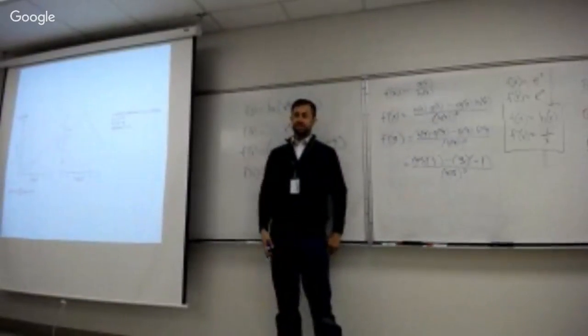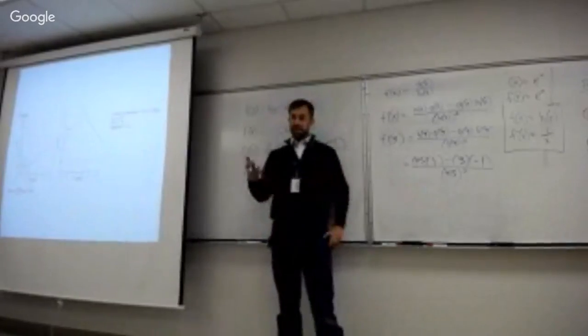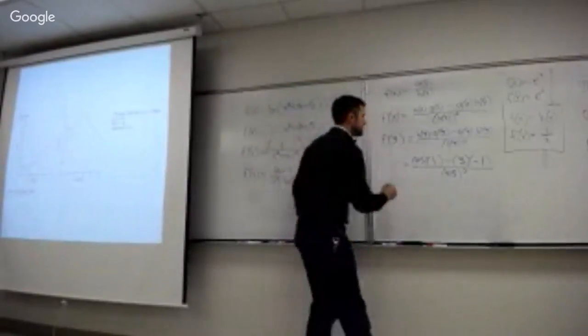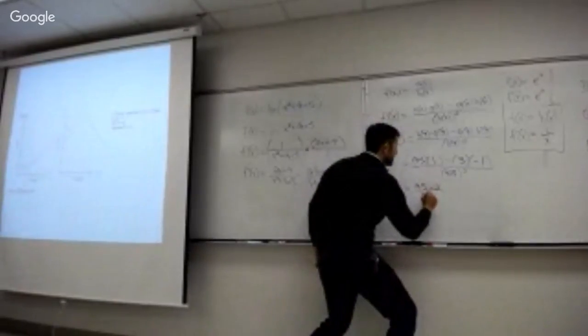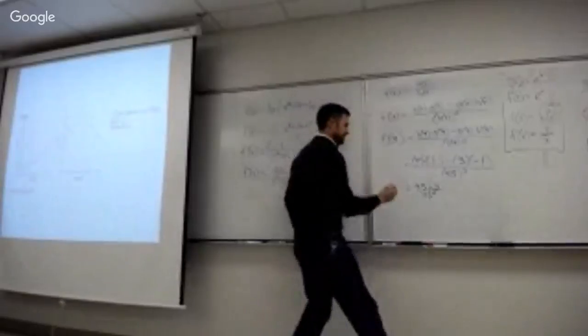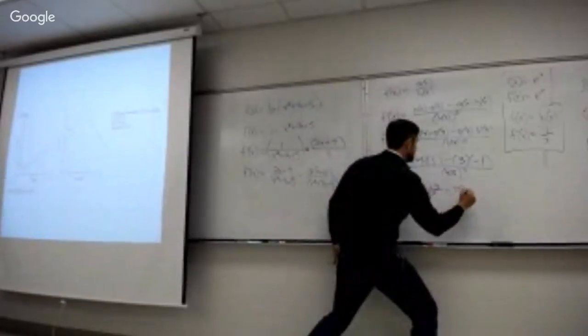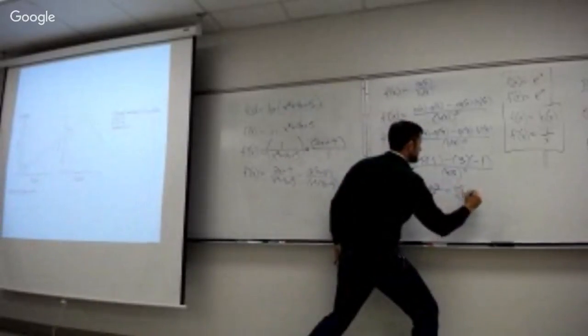Okay, we did it. I mean, we have to compute that, but we did it. That was what they were asking us to do. So that would be 4.5 plus 3 over 4.5 squared. So 7.5 over 4.5 squared, which is what?